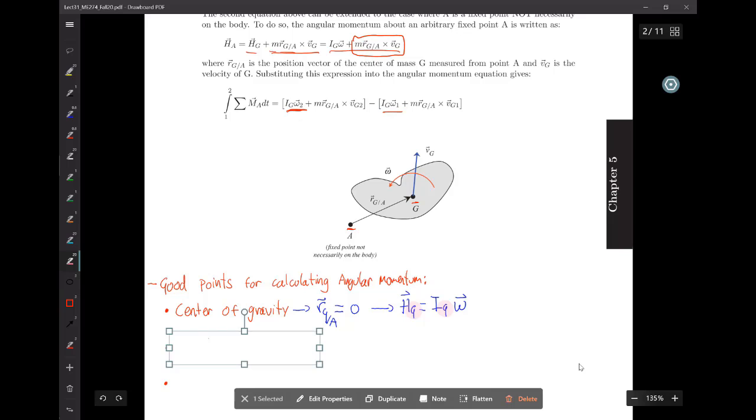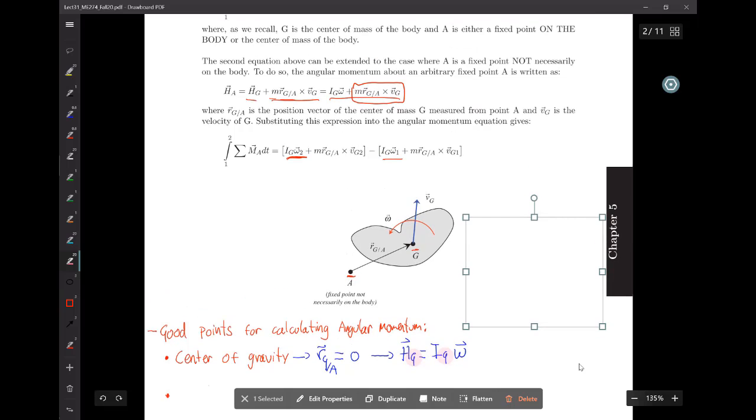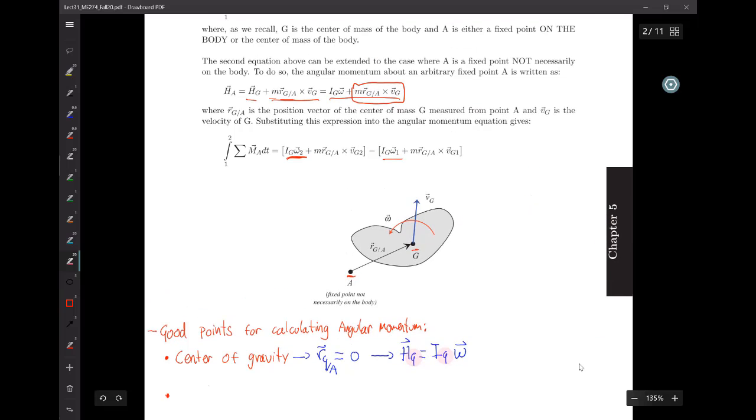Now, another good way of eliminating that second term is if we take our arbitrary point to be, what other good choice did we have for the Euler equation?